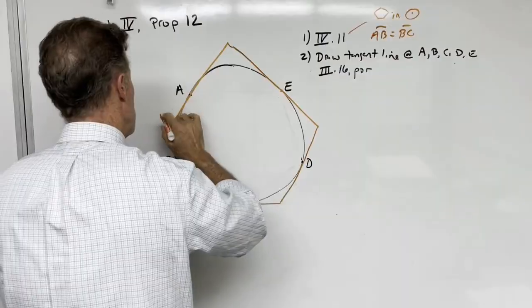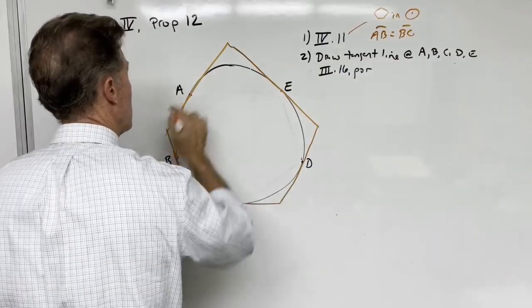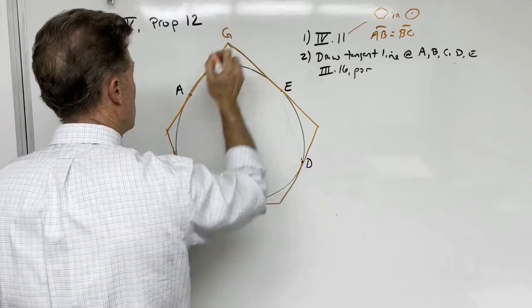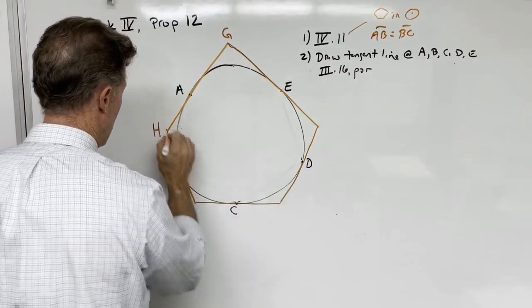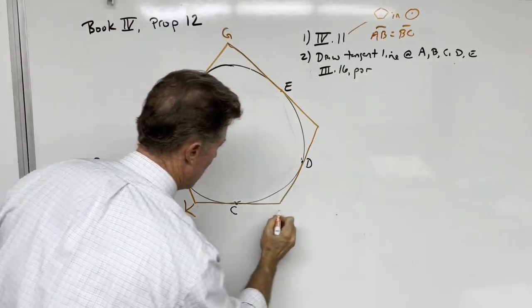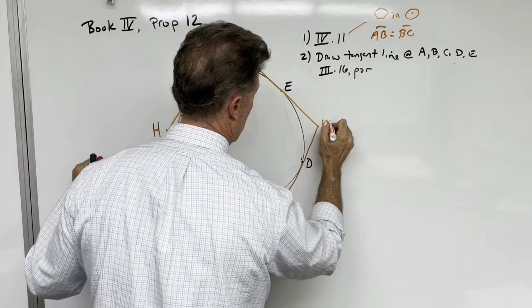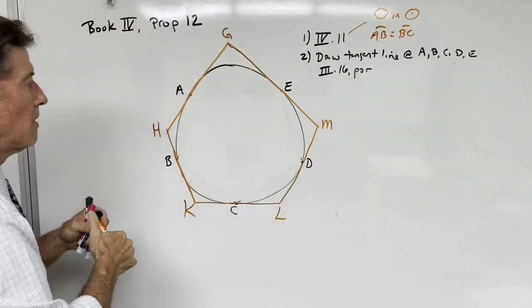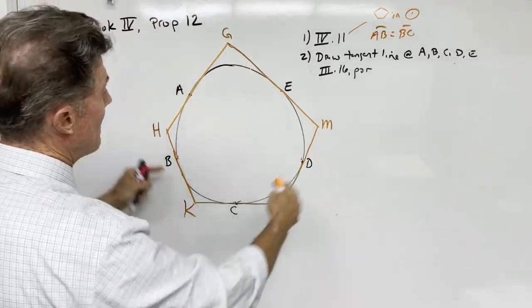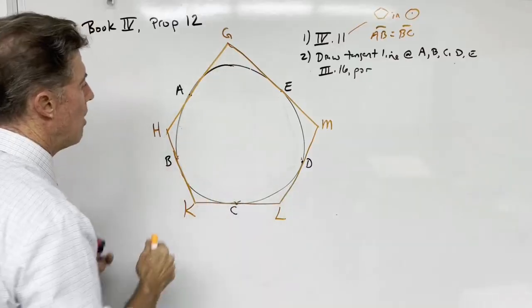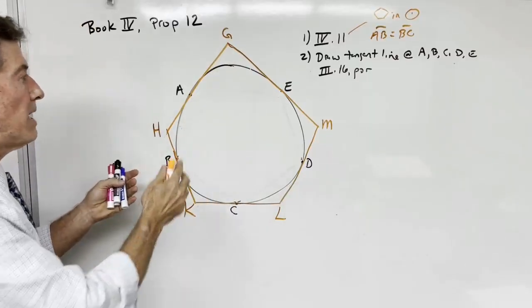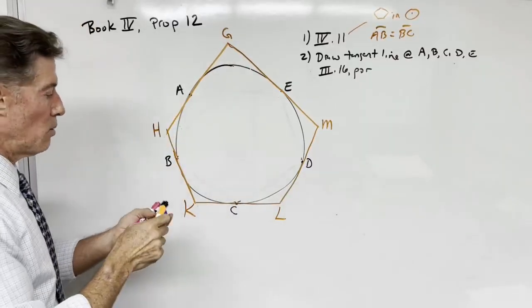So let's call those points of intersection G, H, K, L, and M. Okay, that is our pentagon, and it is circumscribed around the circle. And now all we need to do is prove that it is equiangular and equilateral.